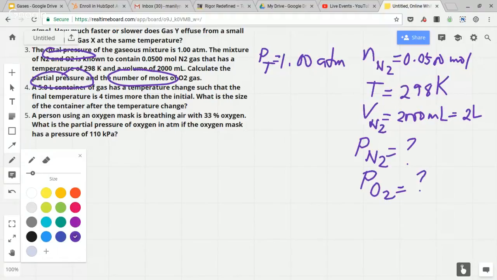Miggy, where did we get 1 atmosphere? Look at the problem here. I'm highlighting it. Are we talking about problem number 3? It says in problem number 3 that the total pressure of the gaseous mixture is 1 atmosphere. Let me know if you heard me answering your question, Miggy. The 1 atmosphere is given in the problem. I'm pointing at it right now. Did you see it?